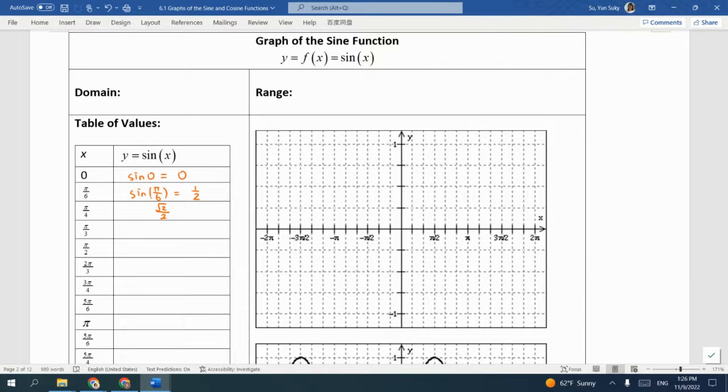How about sine pi over 3? Sine pi over 3 is root 3 over 2. Yes. Sine pi over 2 is 1. Okay, so these numbers, we learned those before in the table.